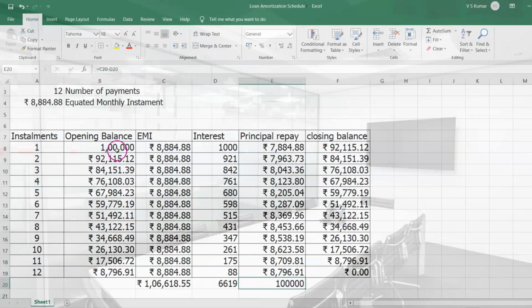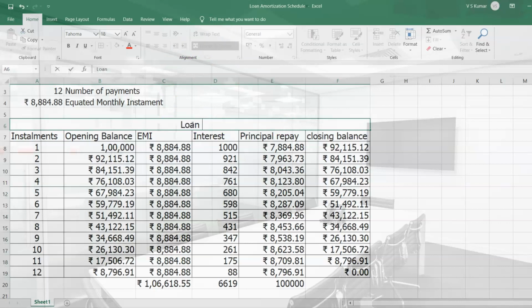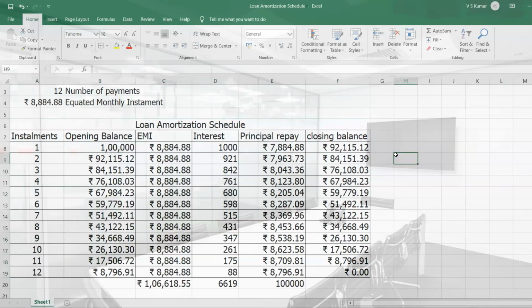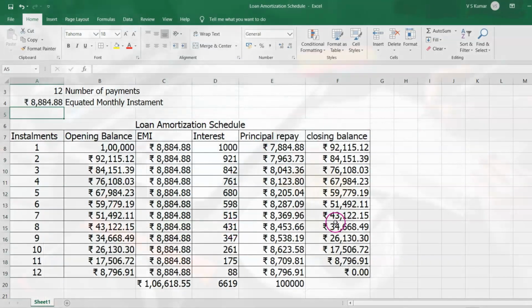So once you know the equated monthly installment, you can prepare the loan amortization schedule like this. Hope you are in a position to understand how to use the PMT function here and to generate the loan amortization schedule.